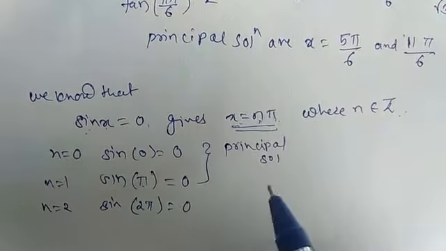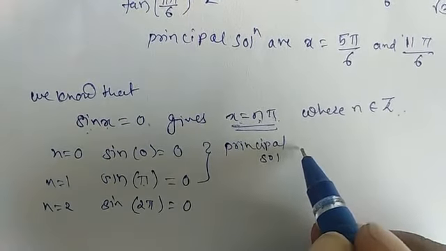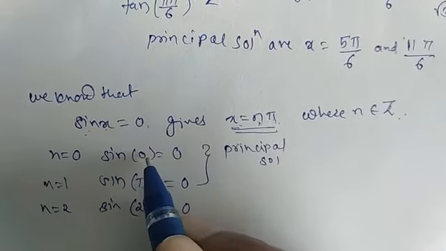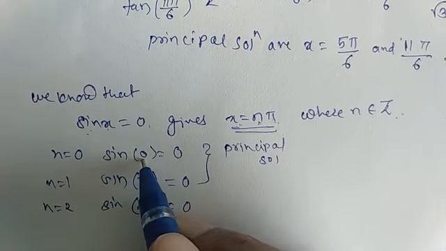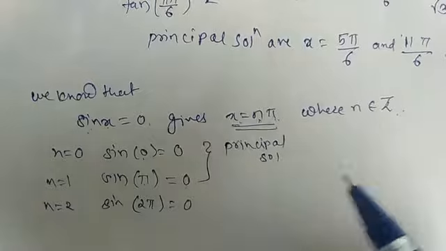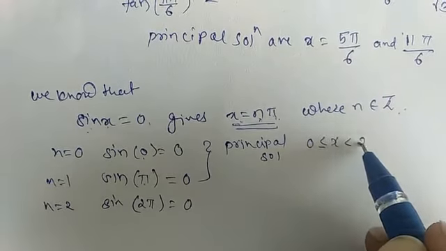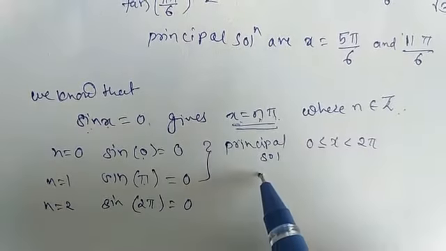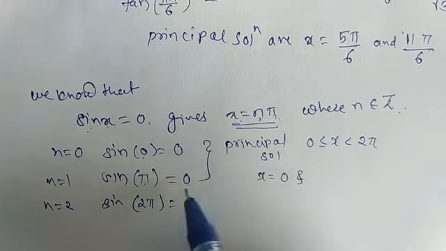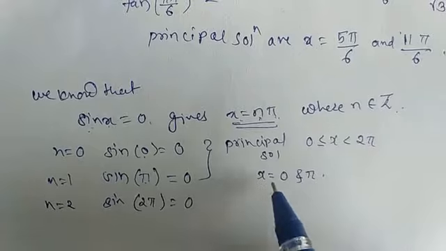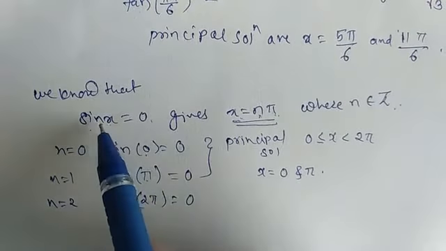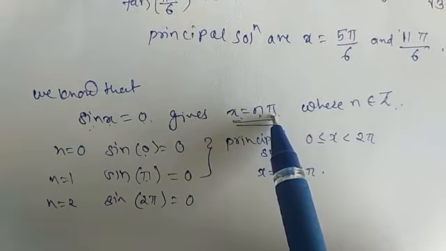We know the condition for principal solution is 0 less than or equal to x less than twice pi. So for x is equal to 0 and for x is equal to pi, this is our principal solution for sin x is equal to 0.